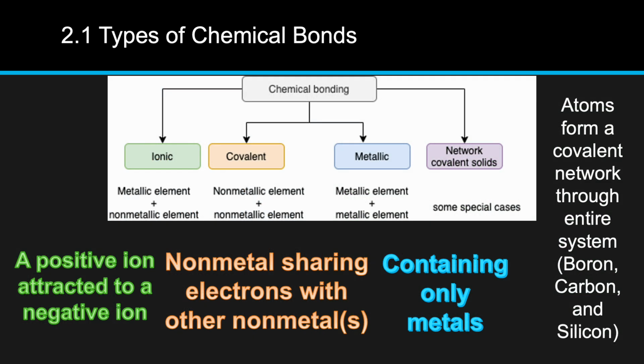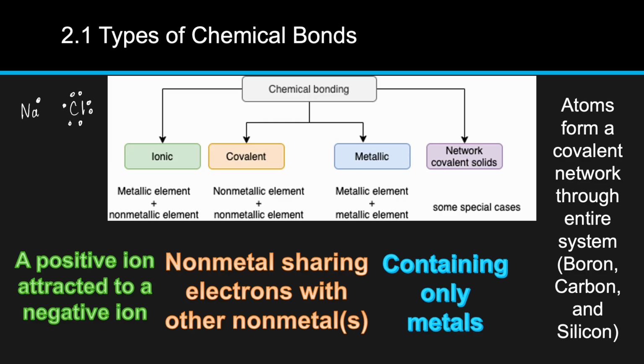So remember, ionic bonds are formed when electrons are transferred from one atom to another atom. And when it does that, it creates a positive cation and a negative anion. And those oppositely charged ions are then held together by electrostatic attraction. So for example, if we're talking about sodium and chlorine, we know sodium has one valence electron, and we know chlorine has 7 valence electrons.